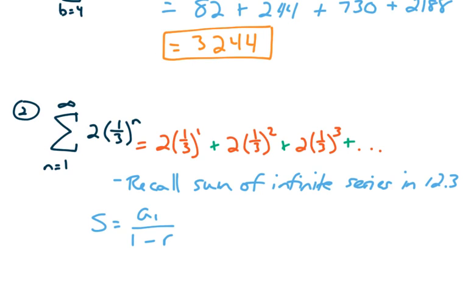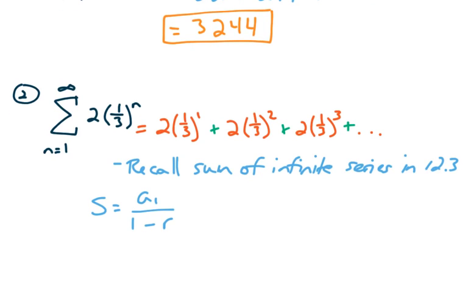Okay, we know the first term is 2/3 because 1/3 to the first power is 1/3 times 2 gives me 2/3, and then the common ratio here is what's being raised to the power. Okay, so it's 1/3 every time. So the common ratio here is 1/3.